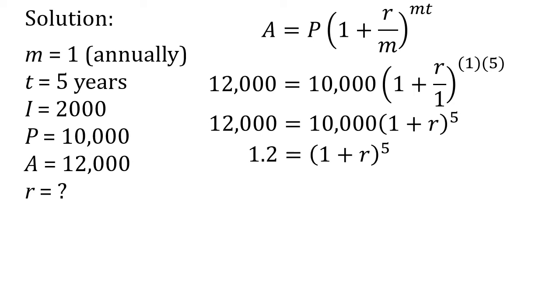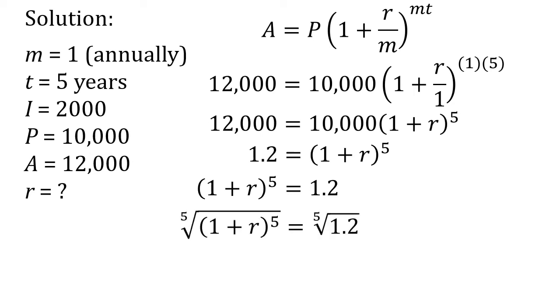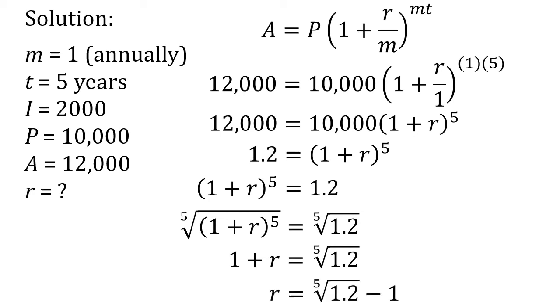Okay? So by symmetric property, let us rewrite this equation. (1 plus r) to the fifth power equals 1.2. Get the fifth root of both sides of the equation. So now we have 1 plus r equals the fifth root of 1.2. r equals the fifth root of 1.2 minus 1.